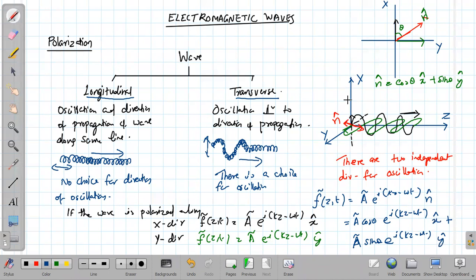So this x polarization we can call a vertical polarization, and y polarization we can call a horizontal polarization. Usually, in the polarization symbols in optics, the vertical polarization is denoted by the symbol double arrow, and the horizontal polarization is denoted by the symbol dot.